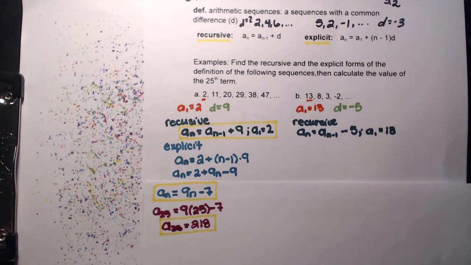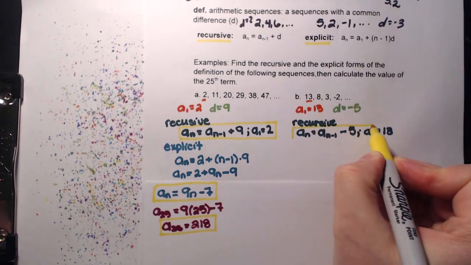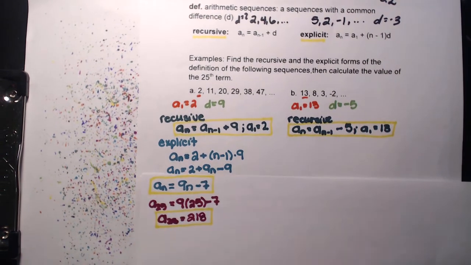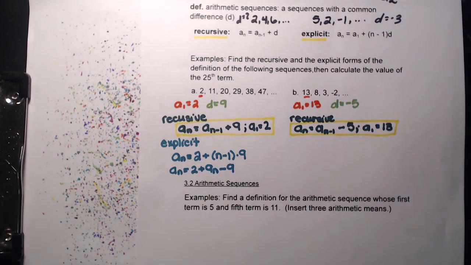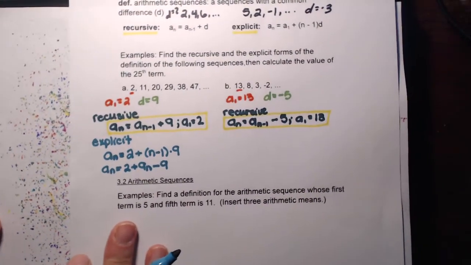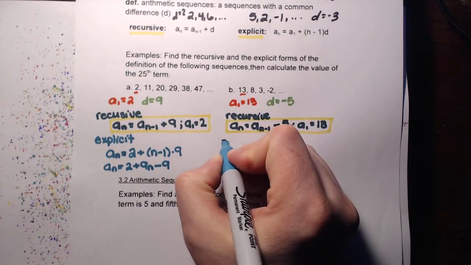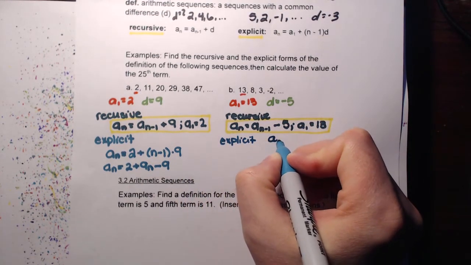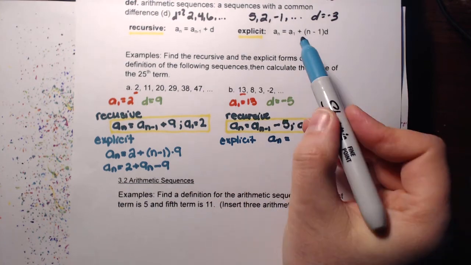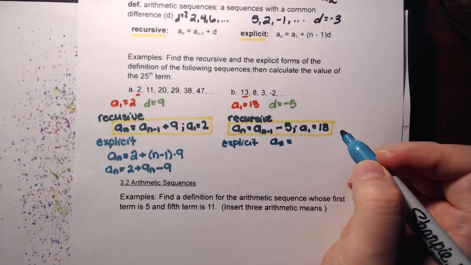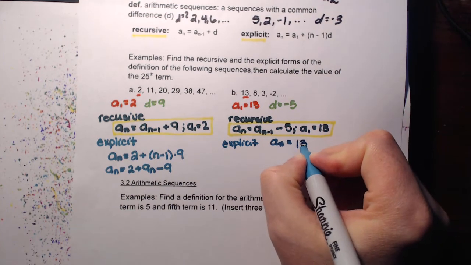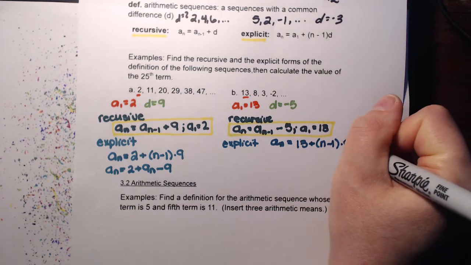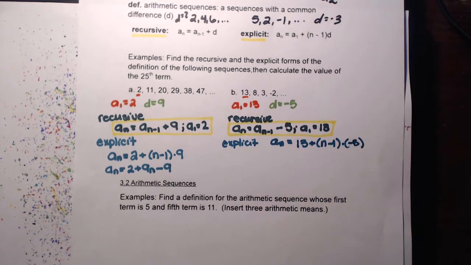If we go back over to this one, the recursive, and then the explicit is going to be, again, the same concept. We're going to take our first term, which was 13, add n minus 1 times the difference, which in this case is negative 5.